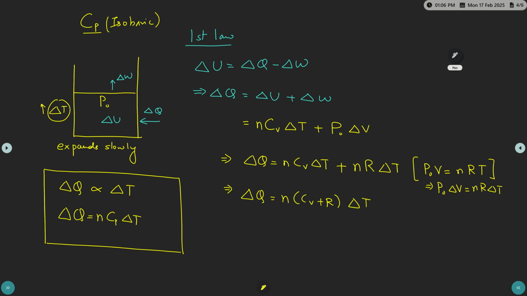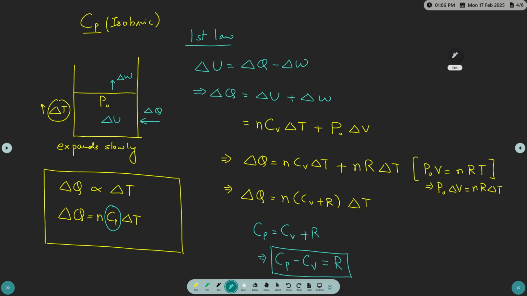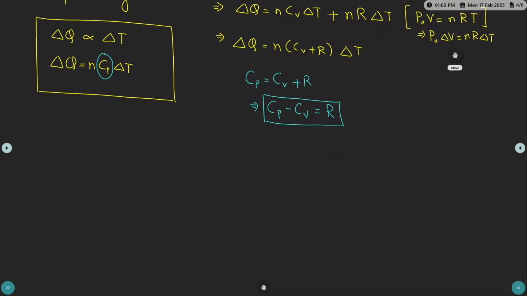Let us compare it with this formula for Cp, n Cp delta T. By comparing these two formulas, we can see that Cp equals Cv plus R, and this implies Cp minus Cv is R, or Cp is Cv plus R. So we already know what Cv is for different gases, monoatomic, diatomic.